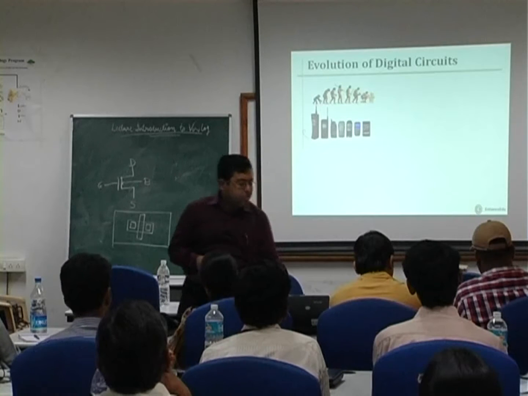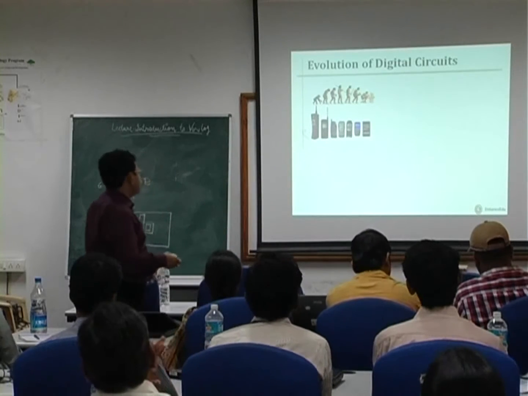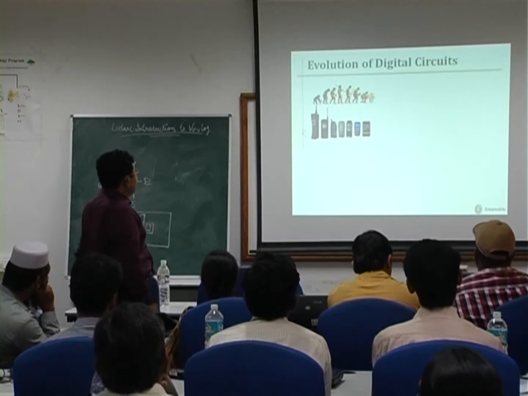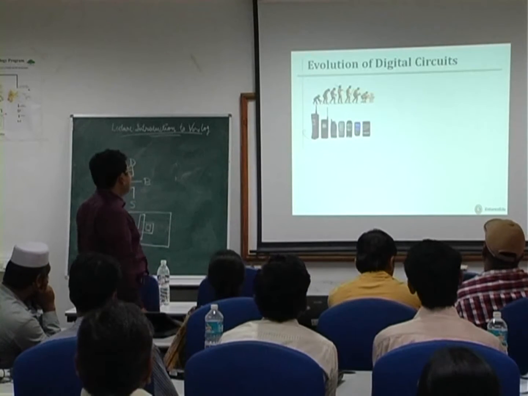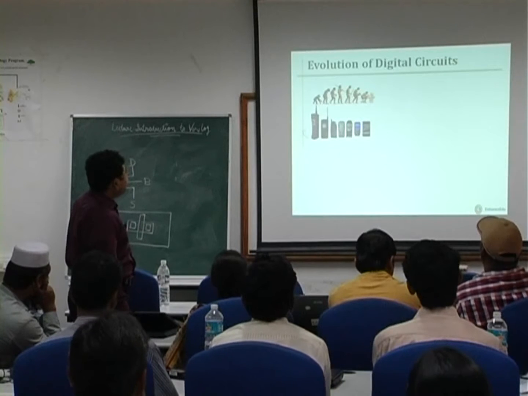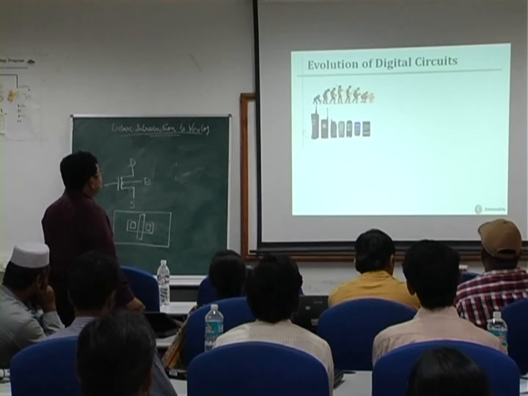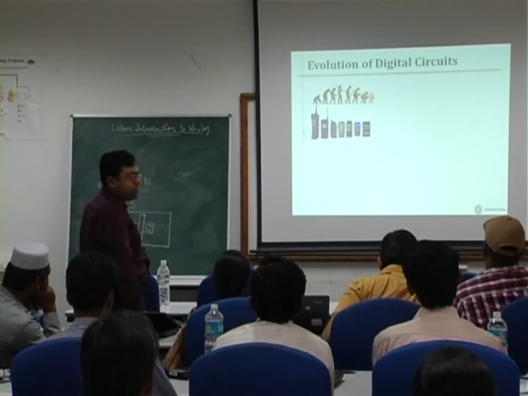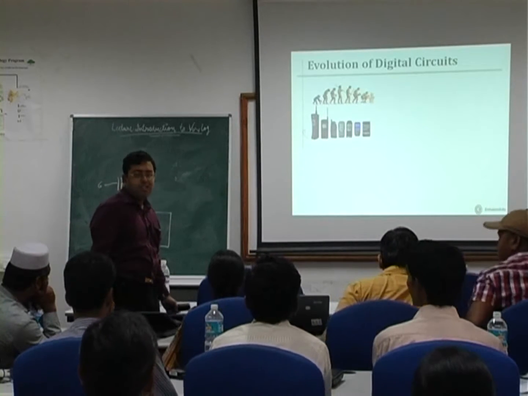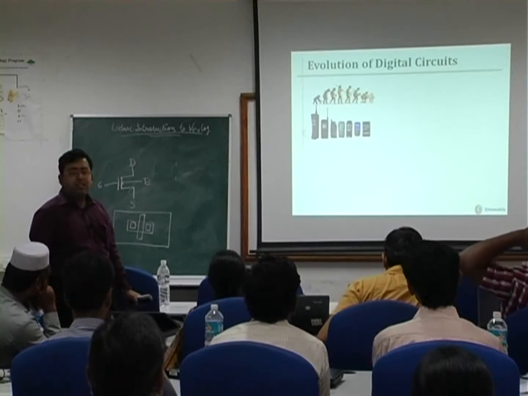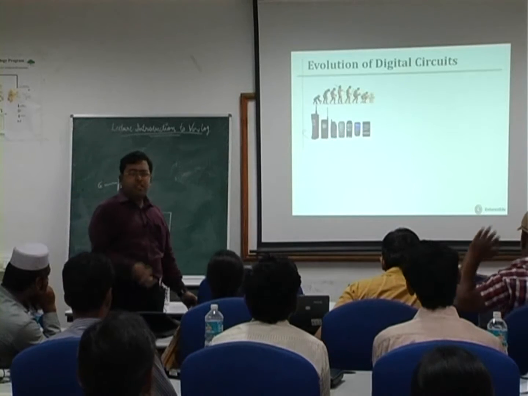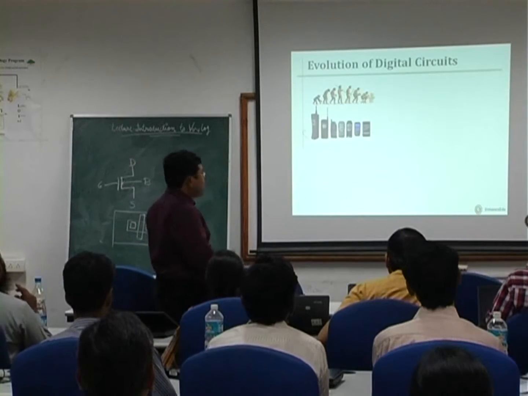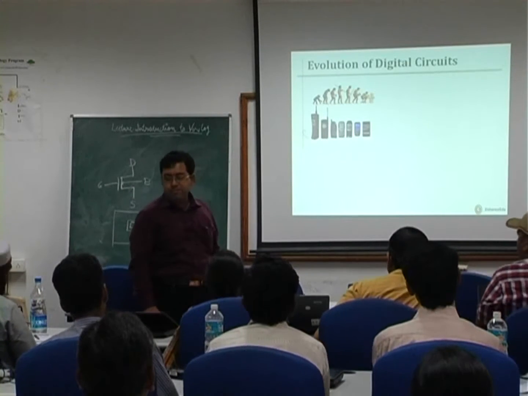Just like the human evolution process, the technology has also evolved over the years, and this is a nice picture in which the evolution of human being is compared with the evolution of mobile phones which we all use. 10 or 12 years back, the mobile phones were like the cordless phones we use at home.